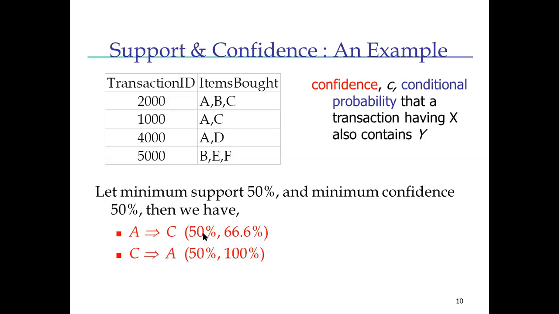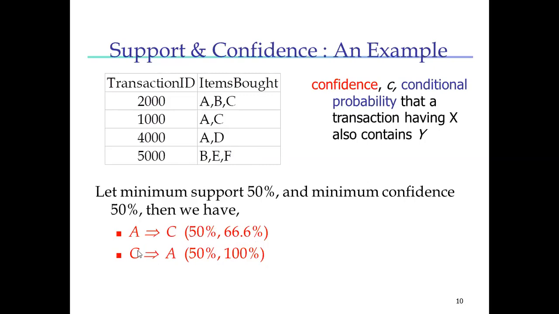Now, how does this 50% come? There are a total of 4 transactions. Within those, A union C occurs 50% of the time. If you observe, transaction ID 2000 has A and C, and transaction ID 1000 has A and C. So out of 4, 2 have A and C, so the support is 50%.